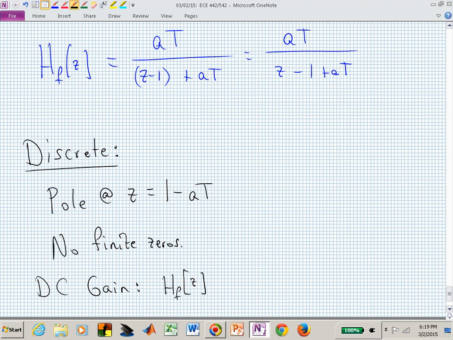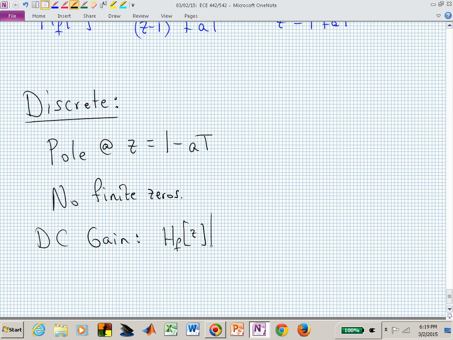What's DC in the S domain? That's 0, isn't it? That's the origin. Where's that equivalent point in the z-plane? And you know your mapping. Your mapping is Z equals e to the ST. And you just said S is 0, e to the 0 is 1. So now to find DC, you're evaluating this at Z equal to 1.